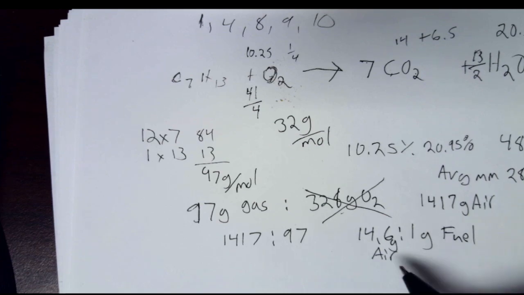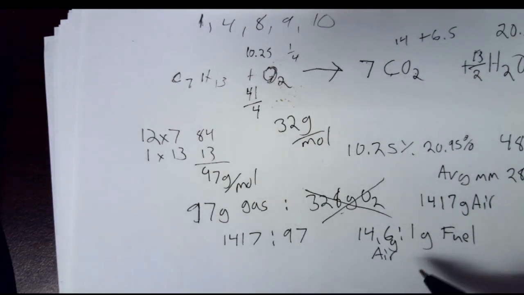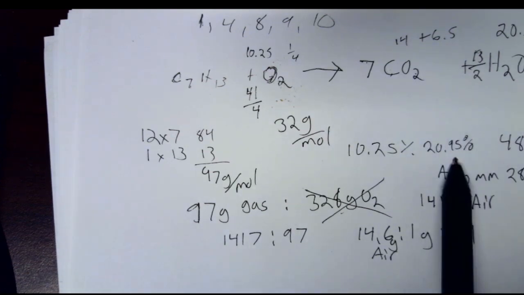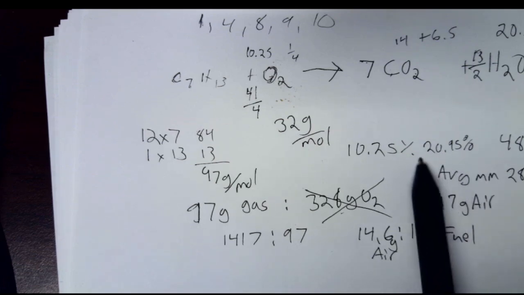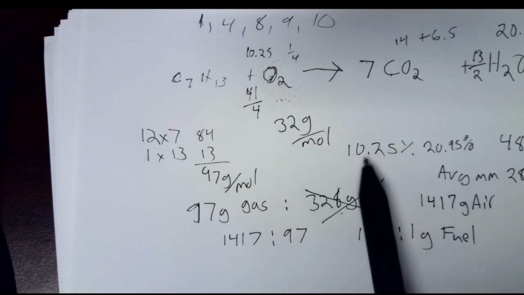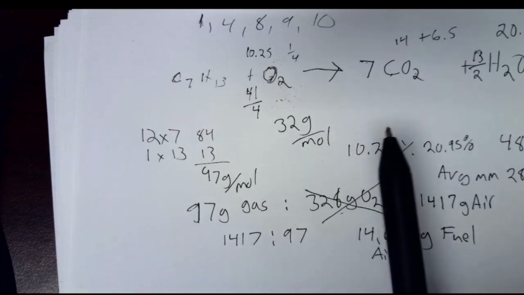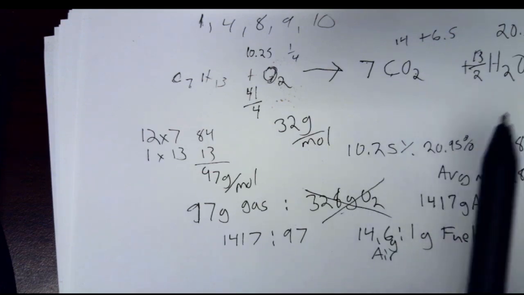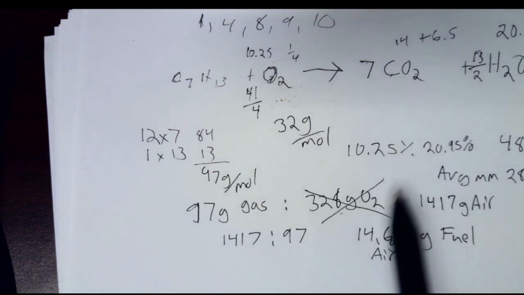So the air needs to be almost 14.5 times the mass of the fuel that we're entering in there. And the key here, what makes this hard, is turning the moles of oxygen into moles of air there and not there.